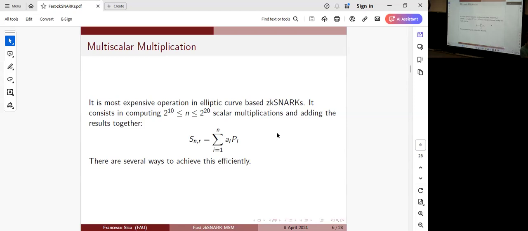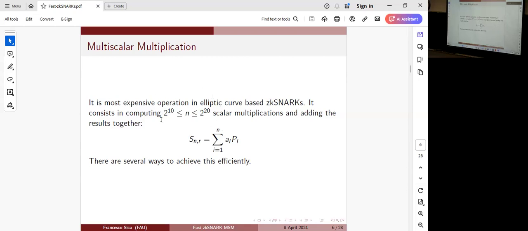This is because the way you use the zkSNARK is that you form a polynomial out of points in a common reference string, and then you form a polynomial from a secret value, and this corresponds to some point times a polynomial value. So this n is pretty large.